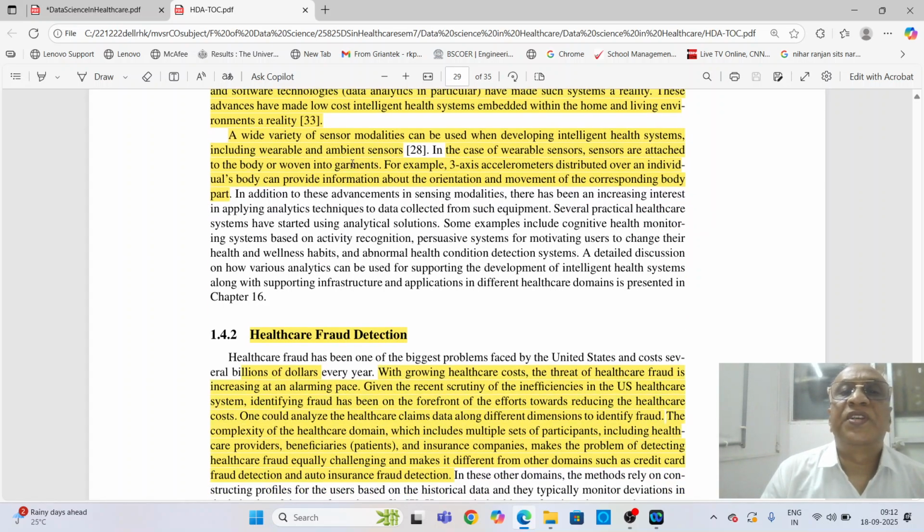There are many sensor modalities which can be used to develop intelligent health systems, which are wearable and ambient sensors. Wearable sensors are attached to the body or woven into garments. For example, you have 3-axis accelerometers distributed over an individual's body that can provide information about the orientation and movement of the corresponding body part.